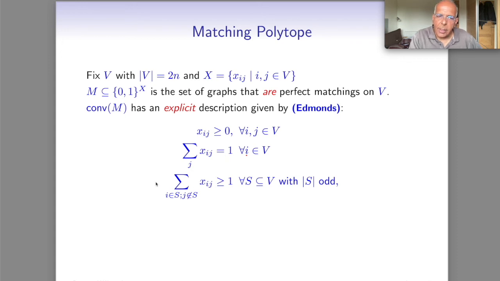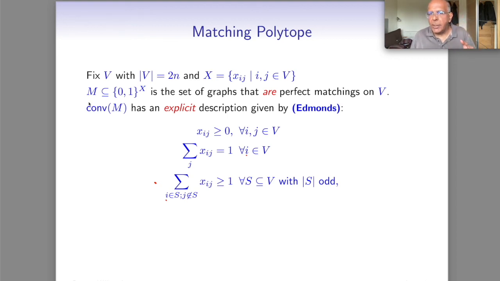And now this is a key condition. For every odd size subset S of V, we say that the sum over xij, where i is in S and j is not in S, is greater than or equal to 1. Okay.